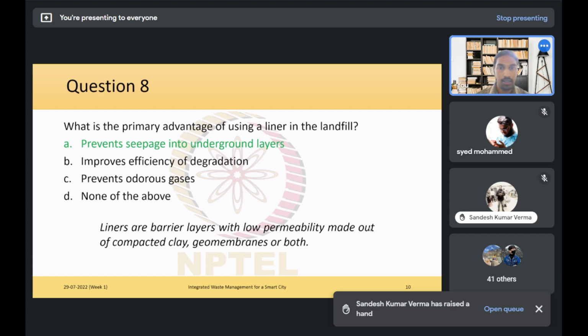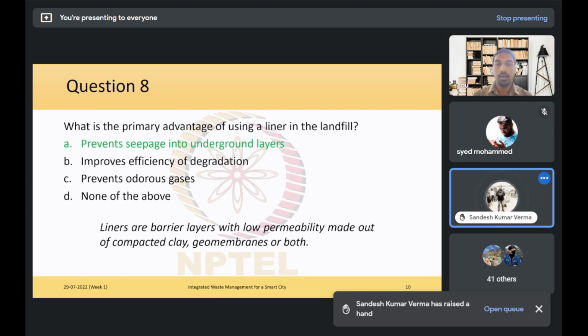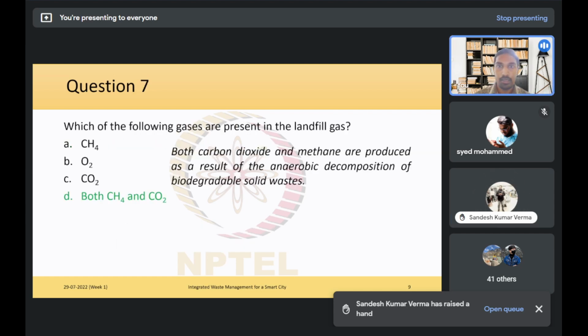Okay. Sandesh, do you have a question? Sir, in the previous question, there is oxygen. Oxygen may also be present in the landfill. Yeah, some oxygen could be trapped in, but it is not going to be in a huge amount, right? There will be a little bit of oxygen which could be trapped, but not in huge quantity.